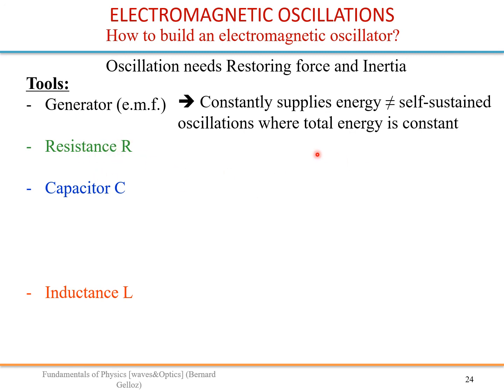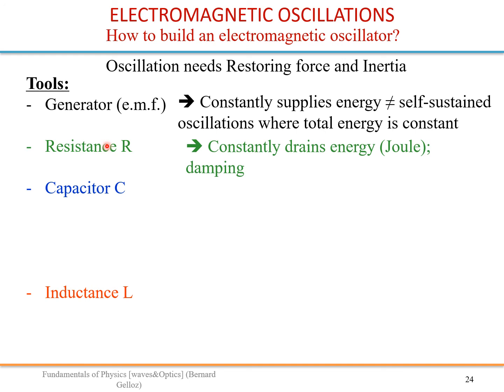Resistance R. So what is that? You probably know that the power of a resistance is Ri squared, the so-called Joule effect. So it becomes hot when you run a current through it. In fact it is converting electrical energy into heat.